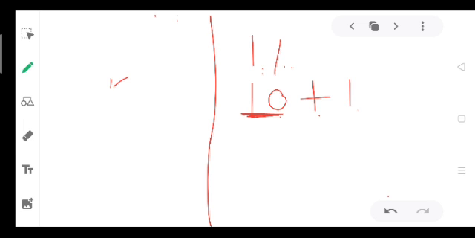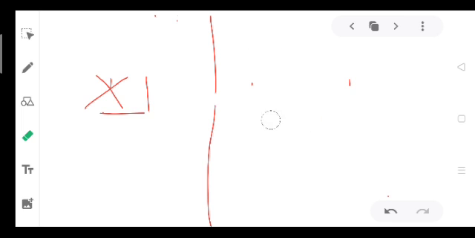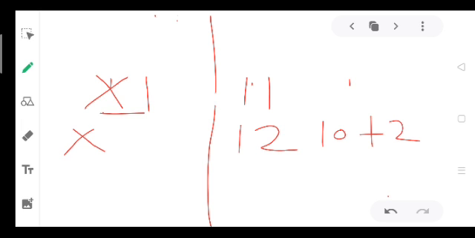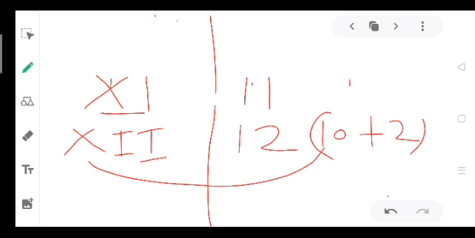It is X, plus 1 is I. So XI, 10 and 1, 11. For 12, 12 becomes 10 plus 2. So firstly we will write the symbol for 10, X, and then 2 times I. It becomes 12.